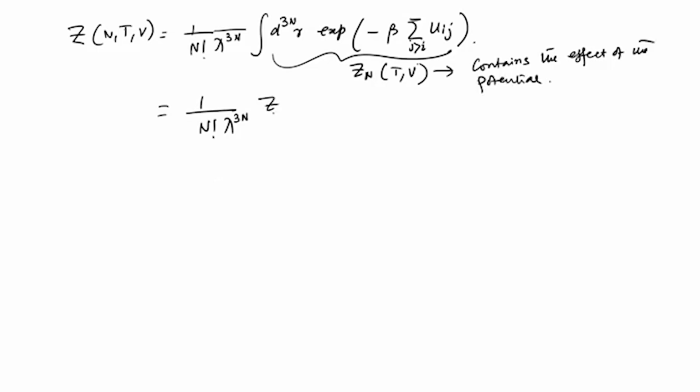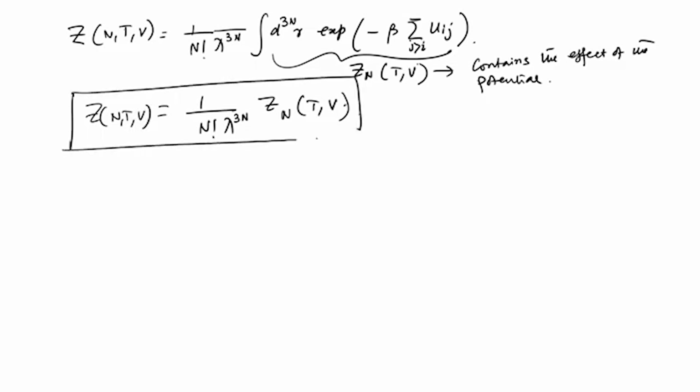So, this is Z_N(T, V), and once again we have to calculate this Z_N canonical partition function, which includes the effect of the interaction, the pairwise interaction between the molecules in a gas.